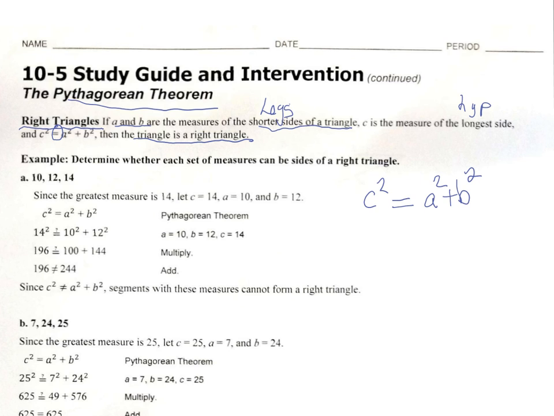Now, you'll notice that in the examples, they are putting a question mark here because that's what we're doing today. We are checking to see whether or not these are equal. So you'll see that question mark is written right there and right there again. And so basically what we're trying to check for is, are they equal? Because if they are not equal, then this will not be a right triangle.